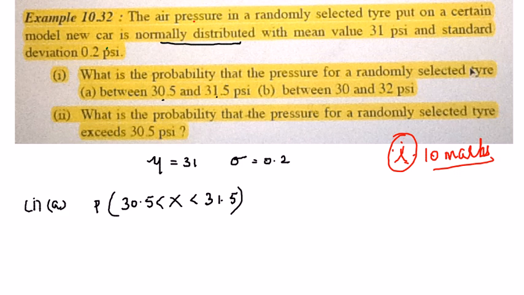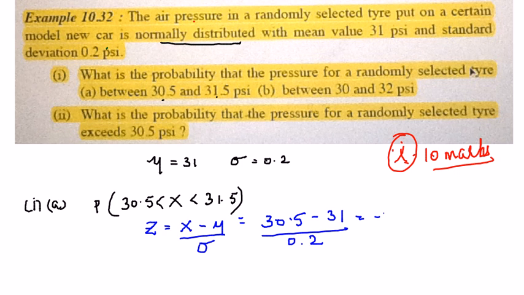You know that to convert this to the z scale, we're going to use the formula x minus mu by sigma, where x is 30.5: 30.5 minus 31 by 0.2, which is minus 0.5 by 0.2, which is 5 by 2 basically, which is minus 2.5.